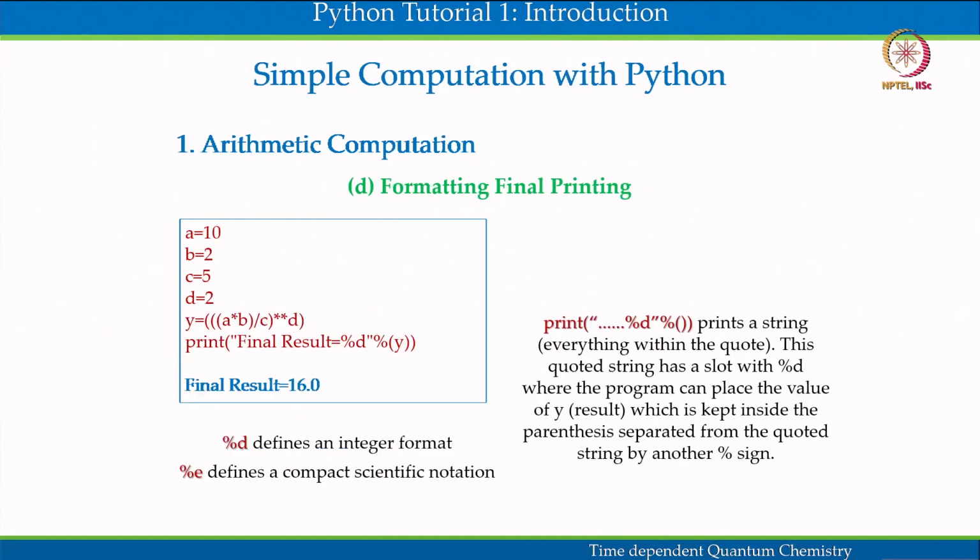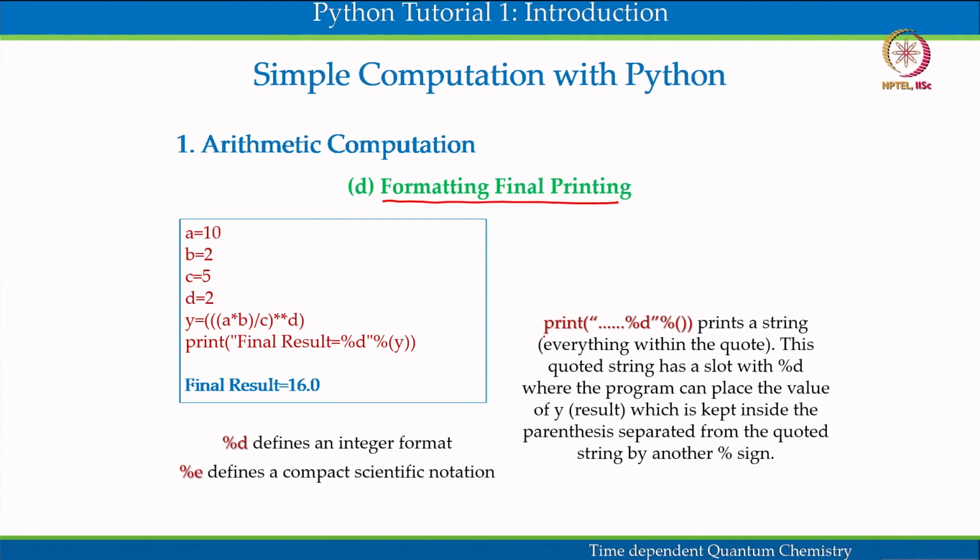We'll move on and check another detail of the computation. It is not related to the computation exactly, it is related to the final printing format, how we are printing the final result. So formatting the final result is a good idea, and we will use this construct.